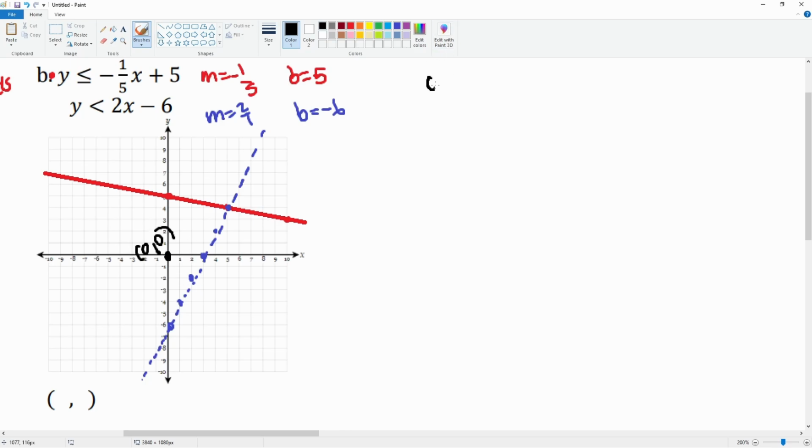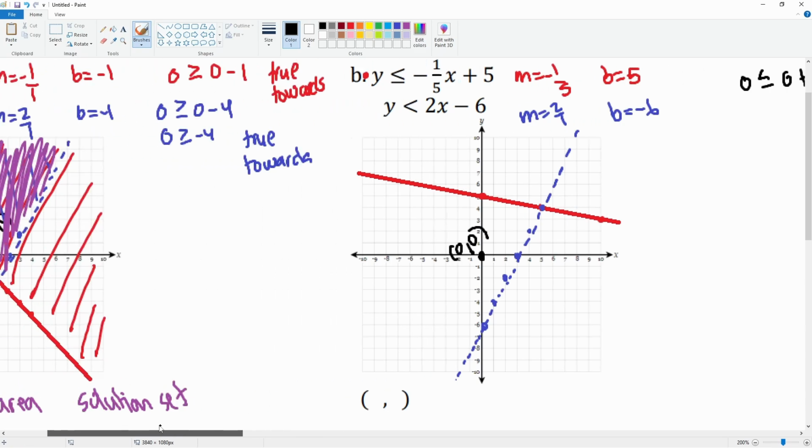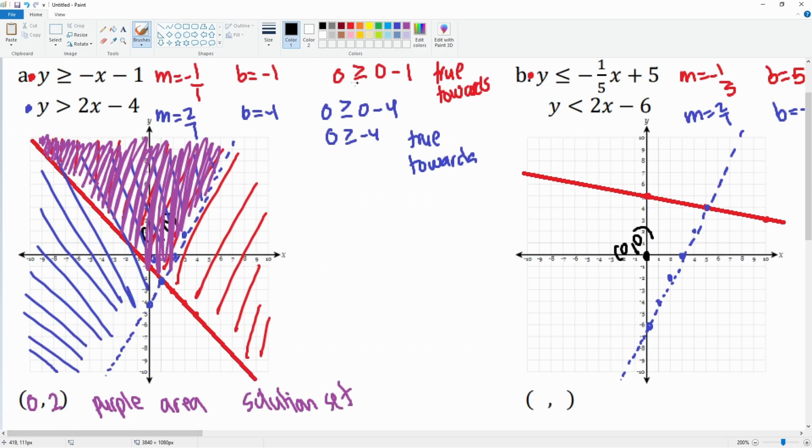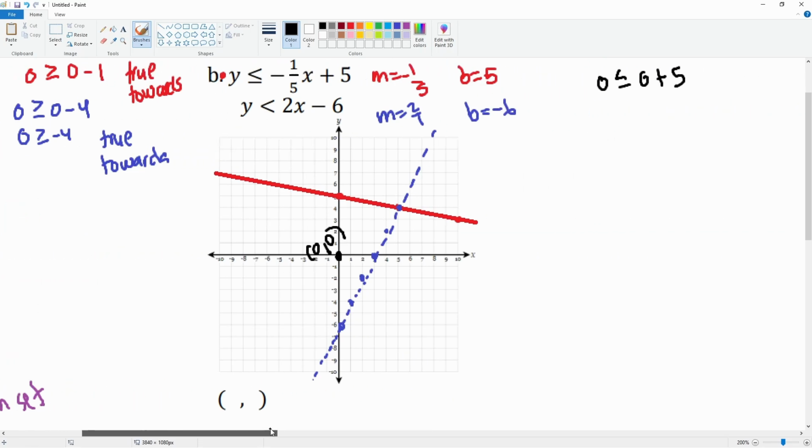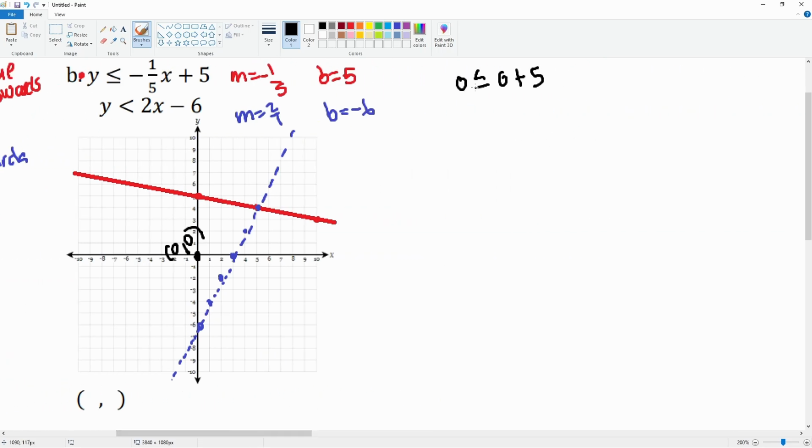Now we can test that point 0, 0. So we plug in 0 for the y, 0 for the x, and let's see if this is true. Is 5 greater than 0? Because here it was 0 greater than -1, right?